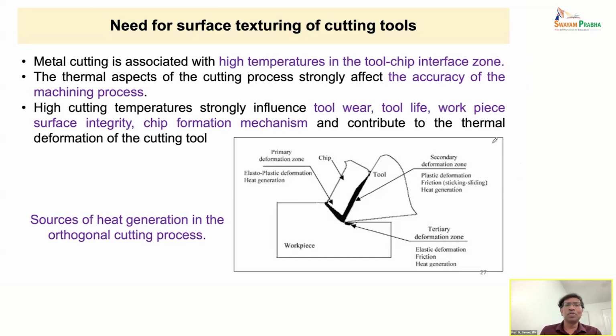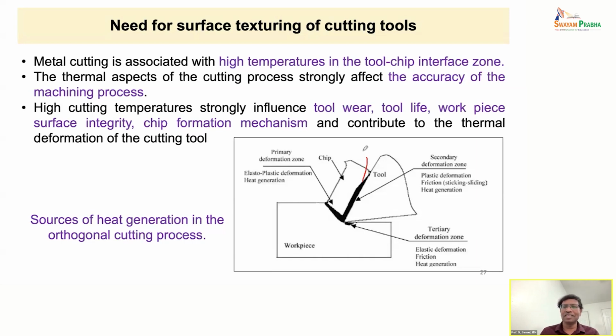I think we all know about the cutting mechanism. When metals are being cut, we have a tool and then the workpiece. Then there are the depth of cut, the thickness of the chip, and all these things. We have the shear angle, the rake angle, and the contact length.